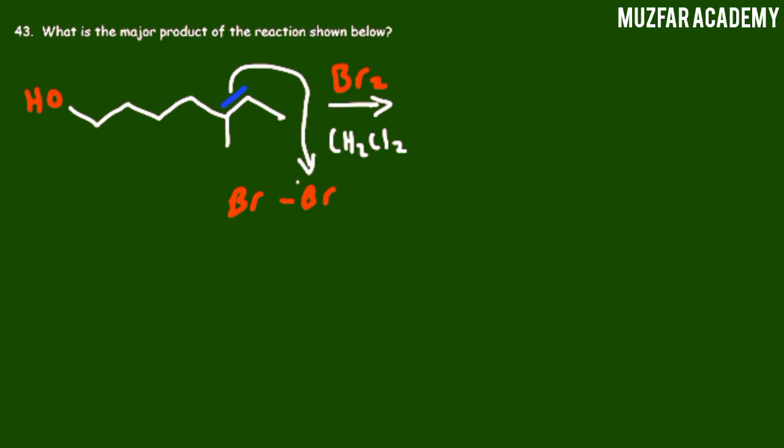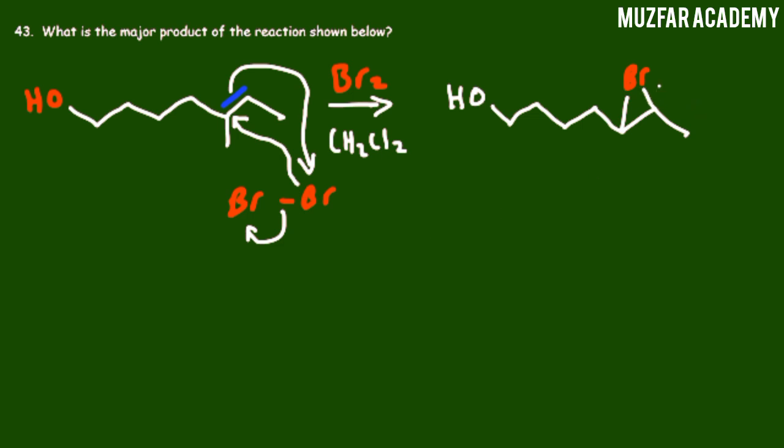The double bond is going to attack bromine, and bromine is going to attack the double bond simultaneously, kicking out this bromide ion. And so we're going to get a cyclic bromonium ion.